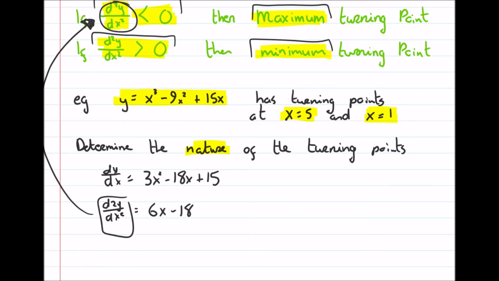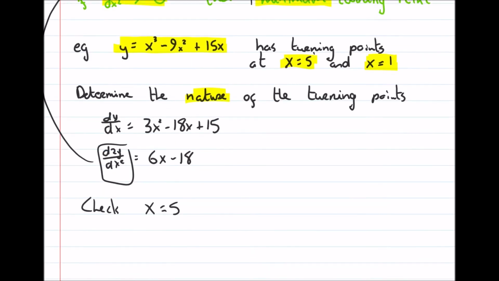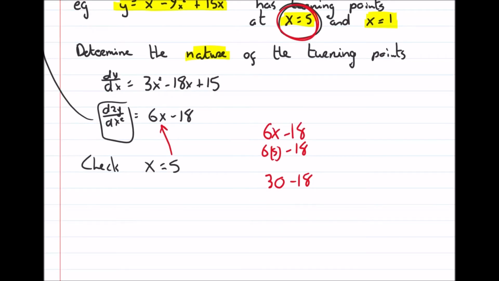Now I need to check my two points. So I'll check x equals 5, this one here. Put 5 in for x. We have 6x minus 18, so 6 fives minus 18. 6 fives are 30, minus 18, which will give me 12.